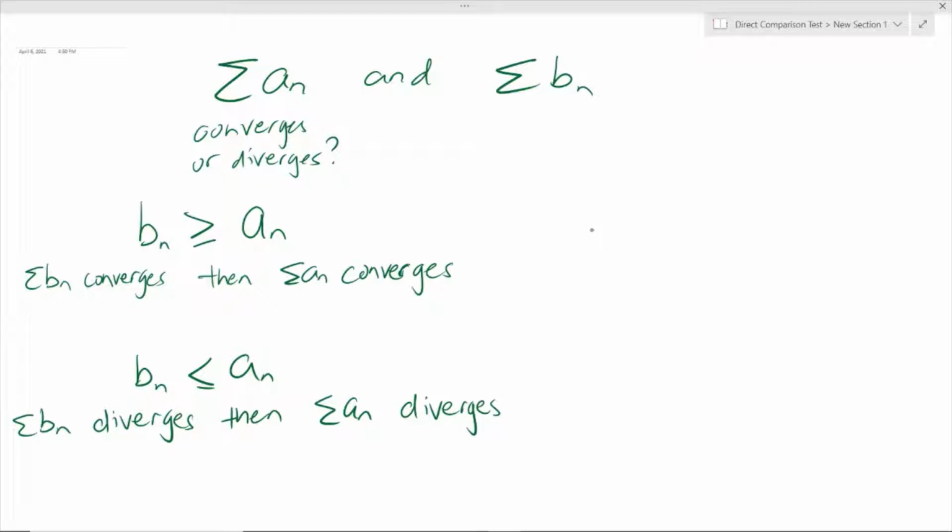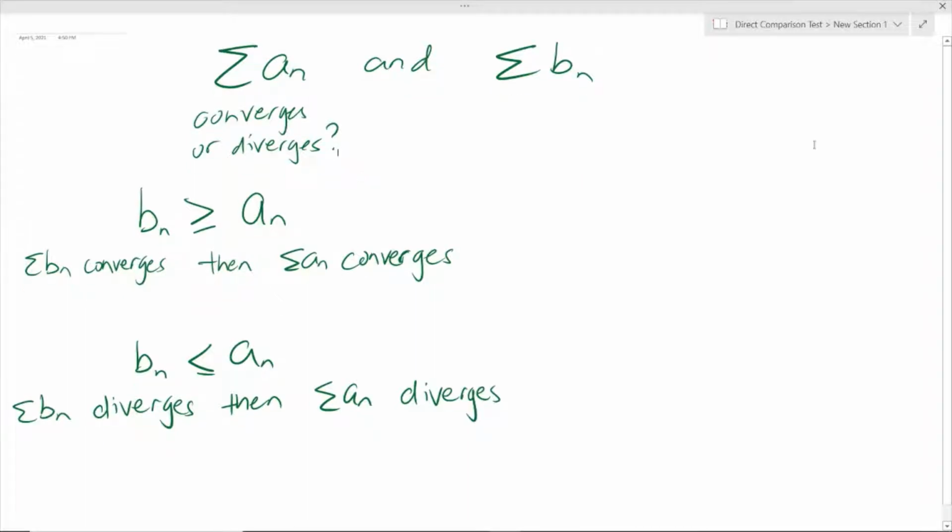And this will allow us to determine whether AN converges or diverges. Also, a very important point I must note is that the series for AN and BN have to have positive terms in order for us to apply the direct comparison test.